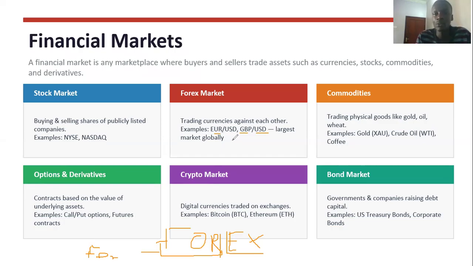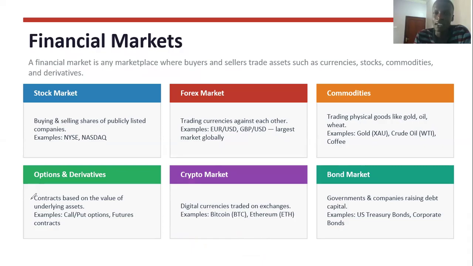There could also be the Japanese yen, and there are many currency pairs that are tradable by individuals. So mainly that's what the forex market is about.